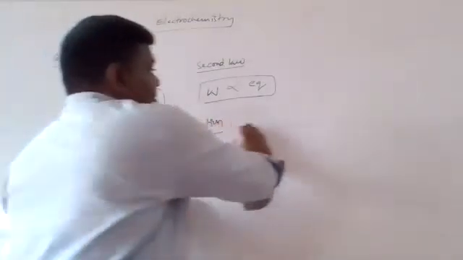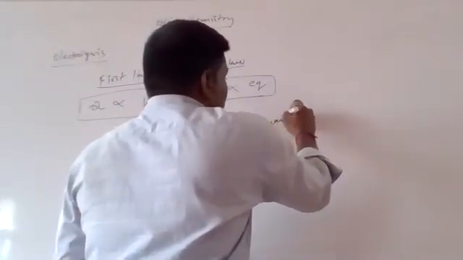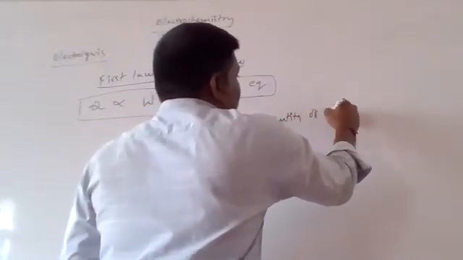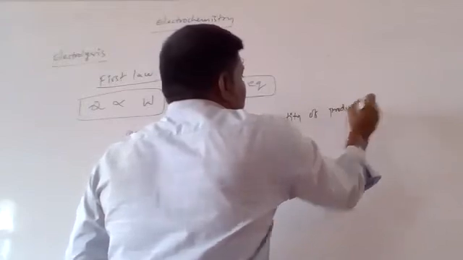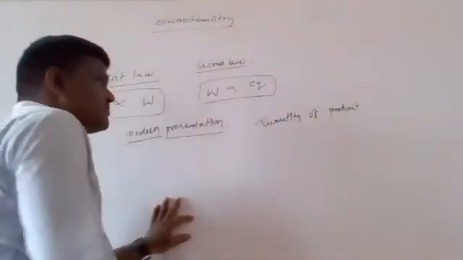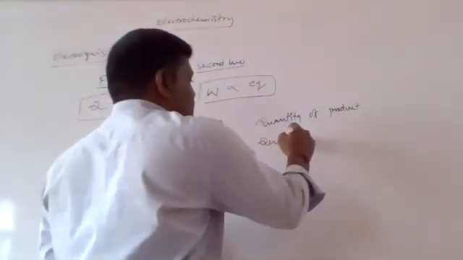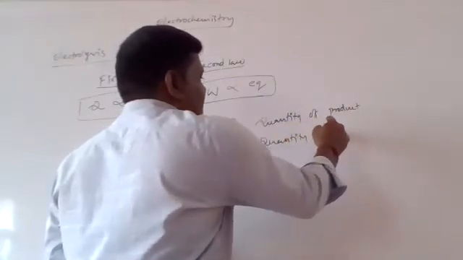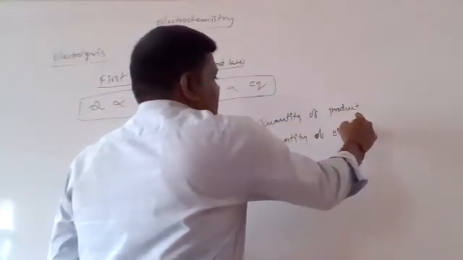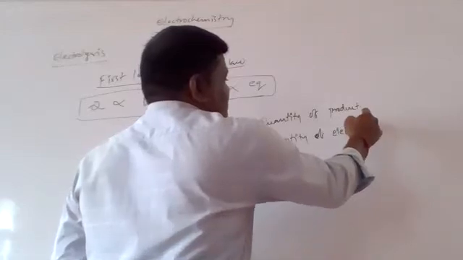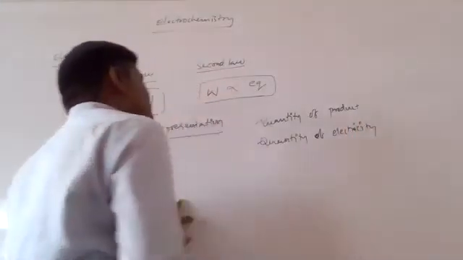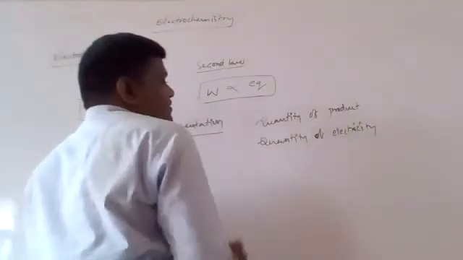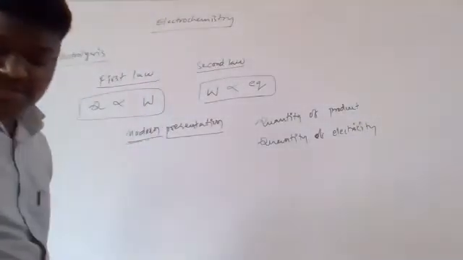First one is quantity of product, second one is quantity of electricity, and third one is stoichiometry of the chemical reaction.